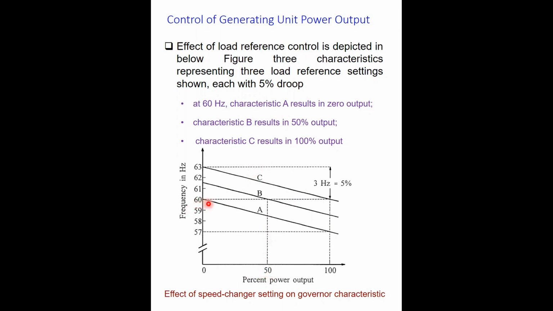So for characteristic A, at 60 hertz, it will correspond to 0 output power. For characteristic B, at 60 hertz, it will correspond to 50% output power. And with the C characteristic, at 60 hertz, this will correspond to 100% change in the output power here.